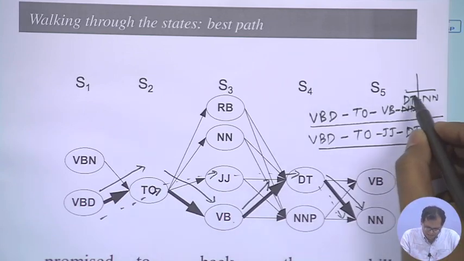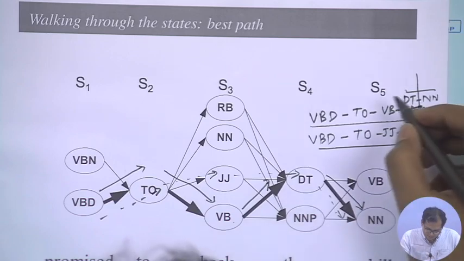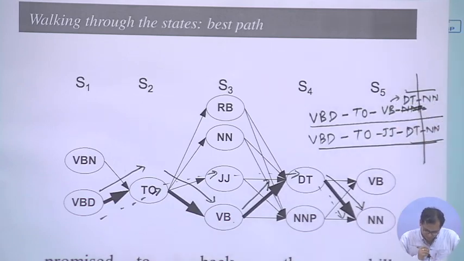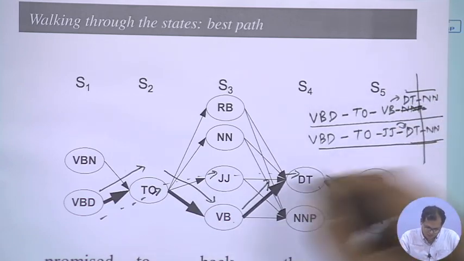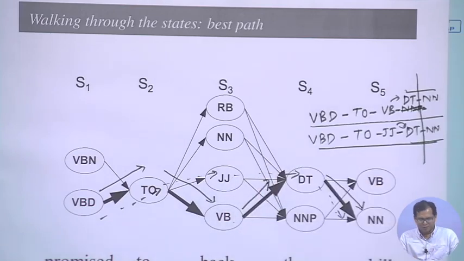When you arrive at the tag DT, in one case you are coming from VB, in another case you are coming from JJ. Okay, so there are two different ways you are coming to DT in these two sequences.